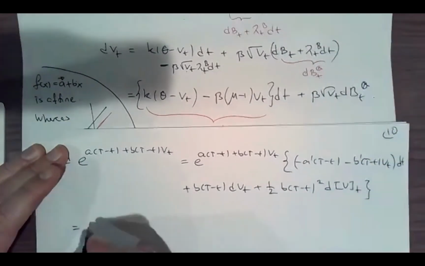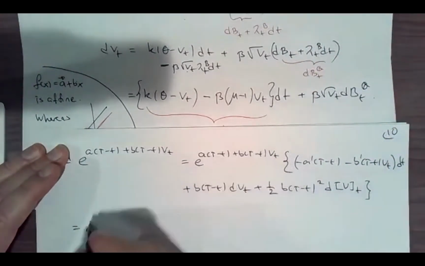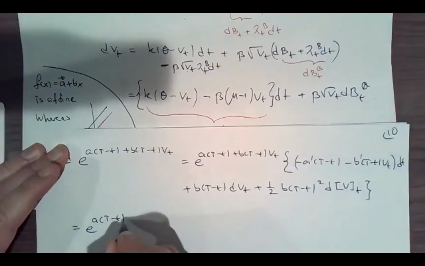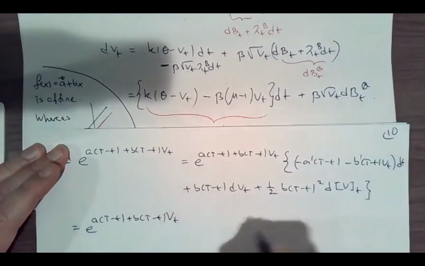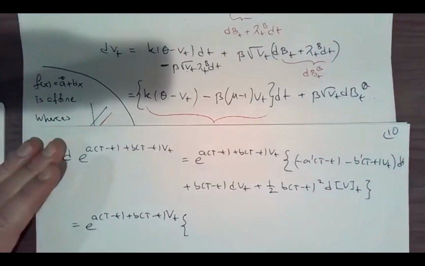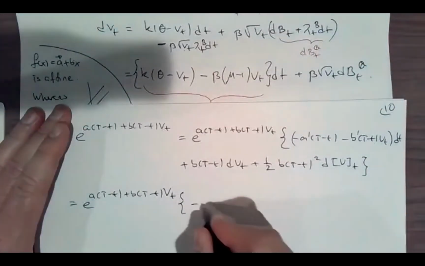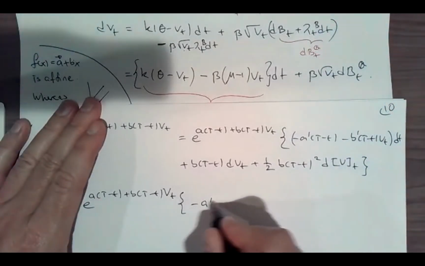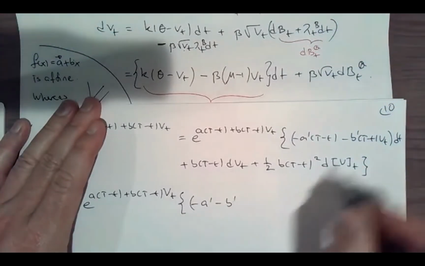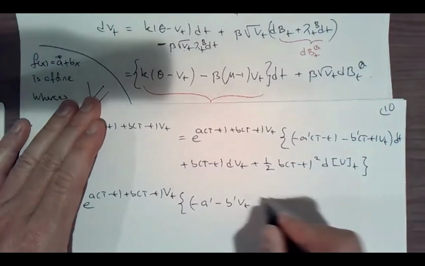So let me write out all this stuff. The common factor is out there. And then we get minus a prime minus b prime v.